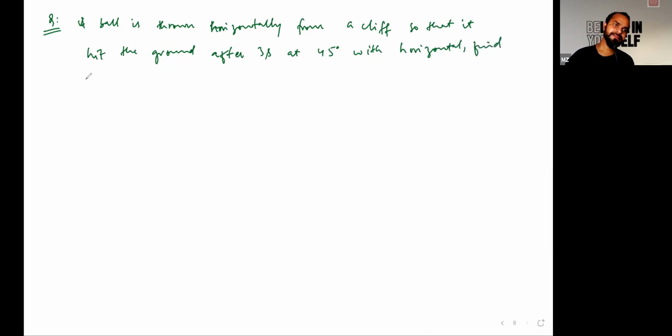Then find: first, the velocity of projection, the height from which the body has been thrown, the horizontal range, and the final velocity. Try to find.